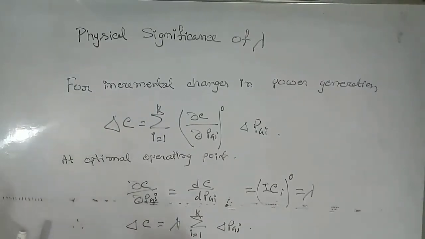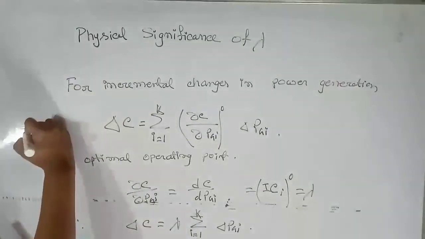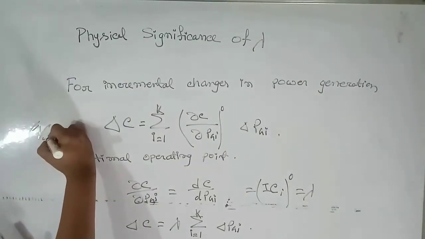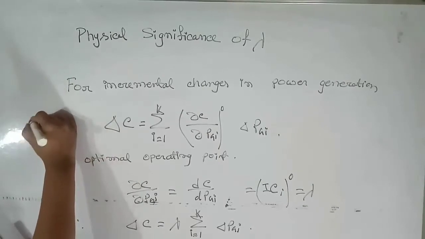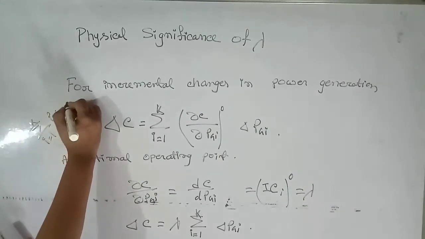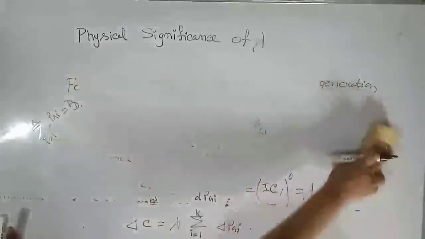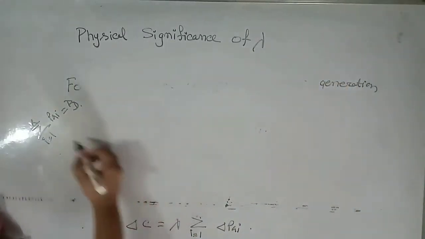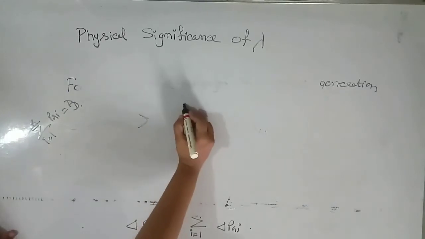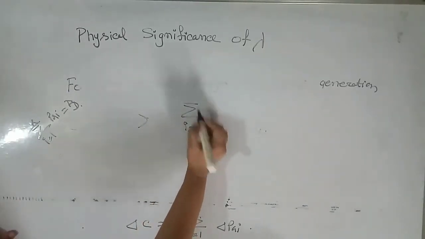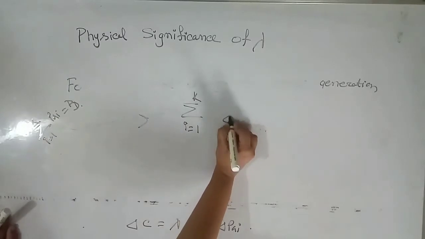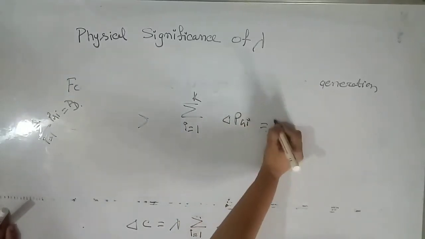Now we can write that total electric power generation is equal to total power demand if there is no spinning reserve. So from this, summation i equals 1 to k of delta PGi equals delta PD.